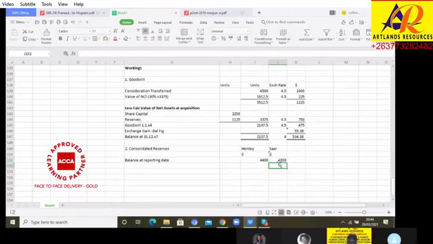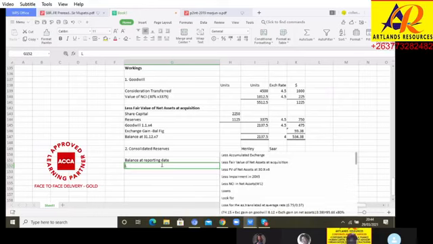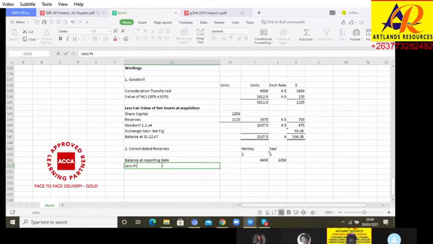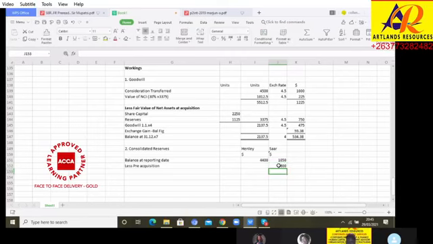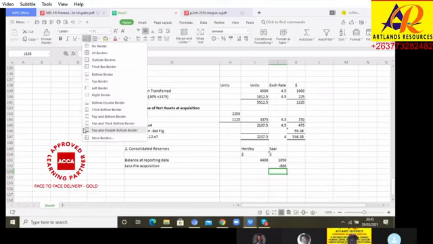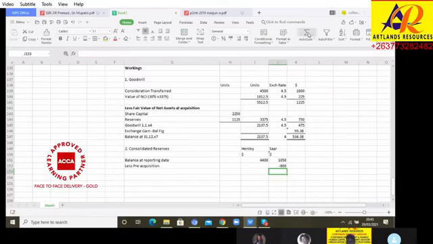1050, and then you say less pre-acquisition reserves, because pre-acquisition are not your reserves. You take them out. You take translated minus 800, which we got as balancing figure, and then what you have there becomes post-acquisition.